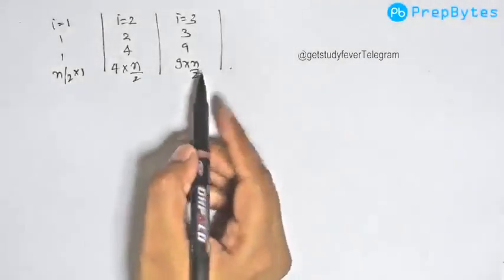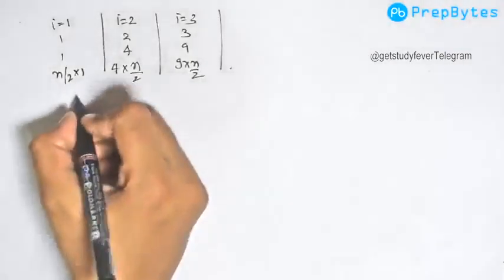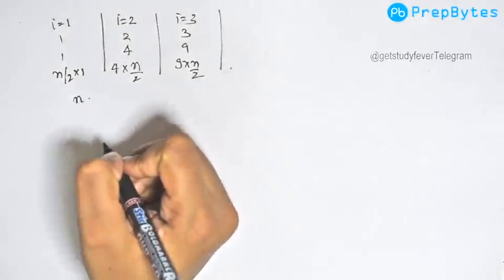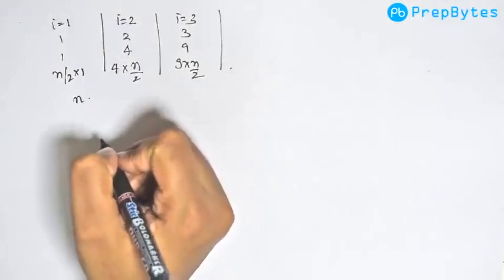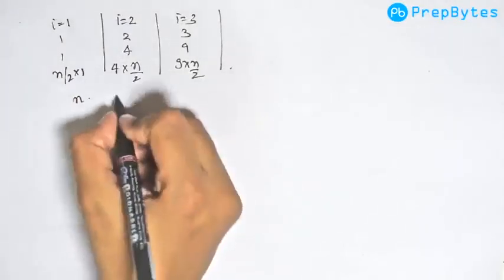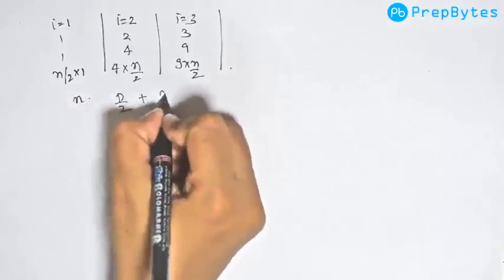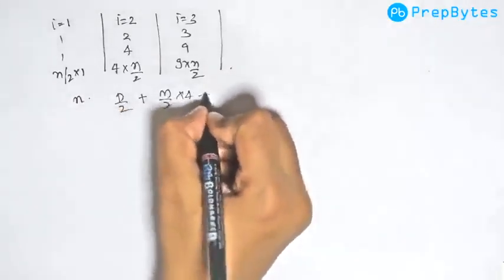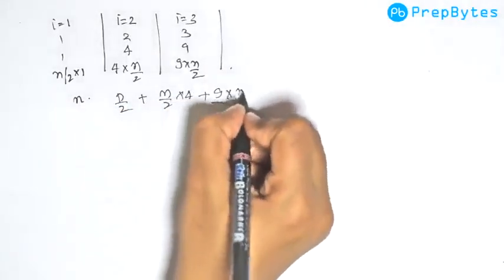In the previous slide we saw that for calculating the time complexity for i equal to n, we need to add these values till n.